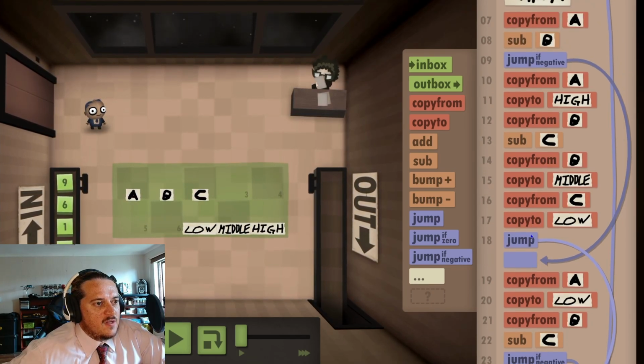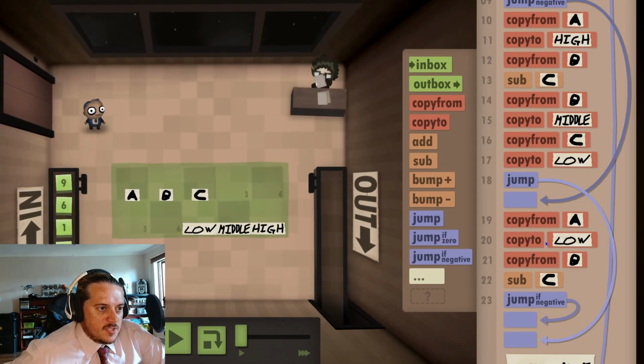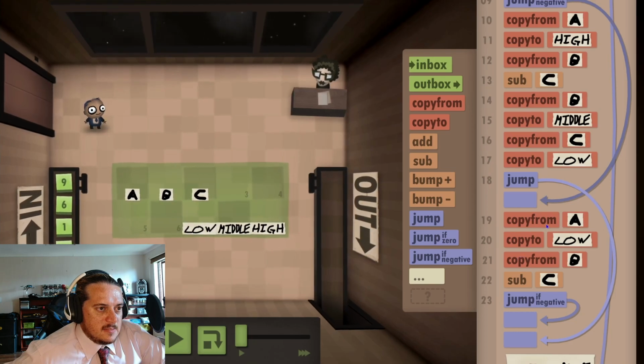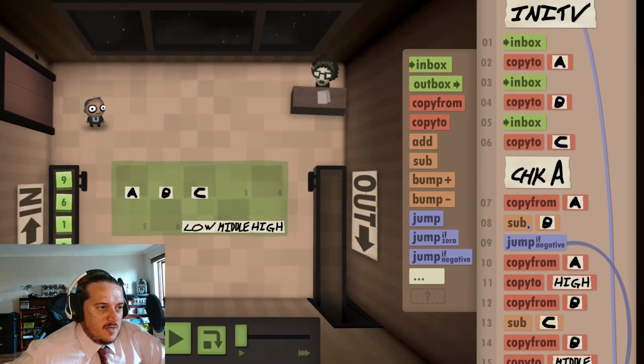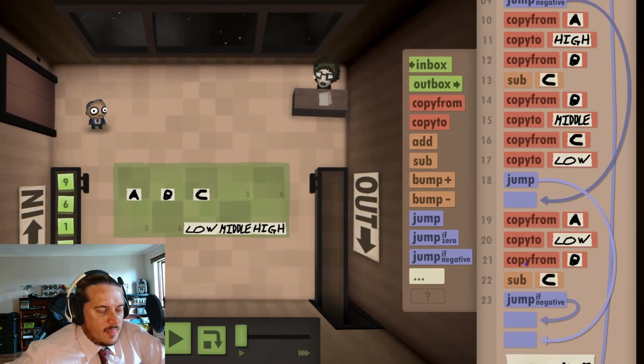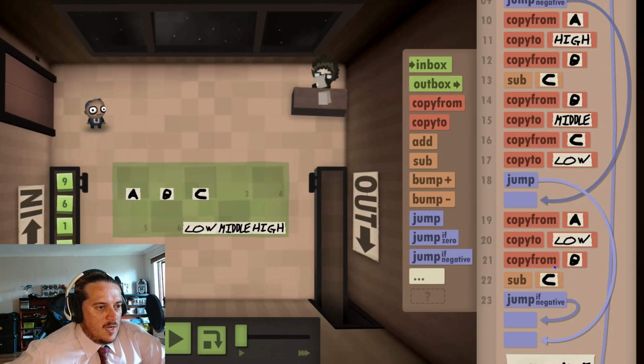Because now I think that's not the right. So I'm going to check if A minus B is negative and A is low. Then I'm going to grab B and check if B minus C is negative.